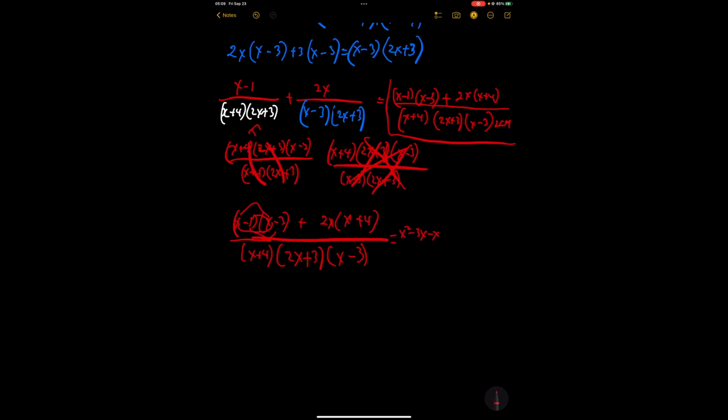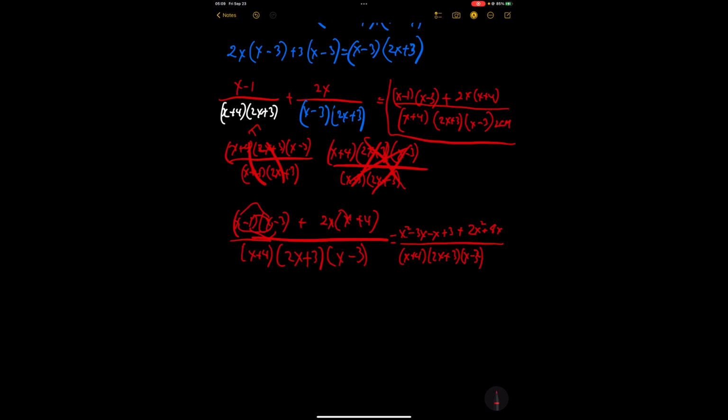And negative 1 times negative 3 is positive 3. Plus 2x times x is 2x squared plus 8x, over x plus 4 times 2x plus 3 times x minus 3.